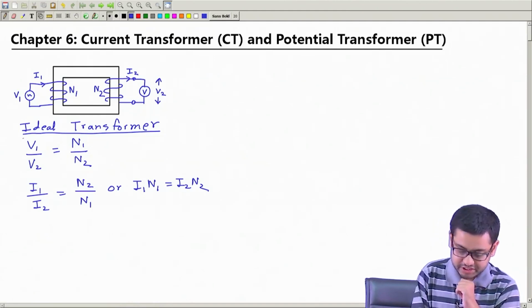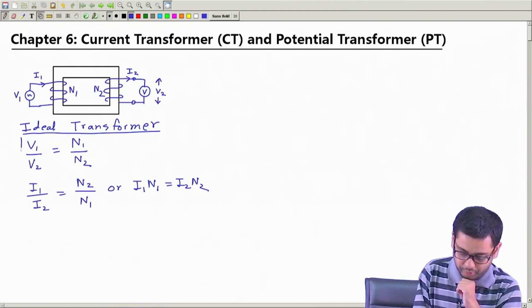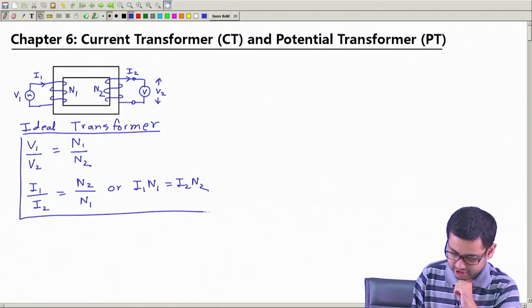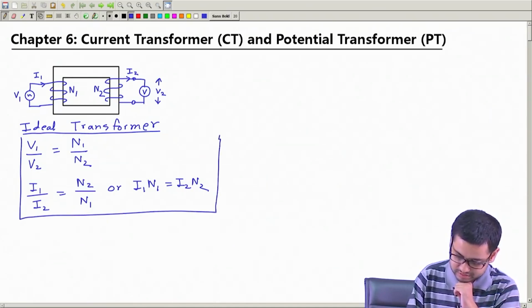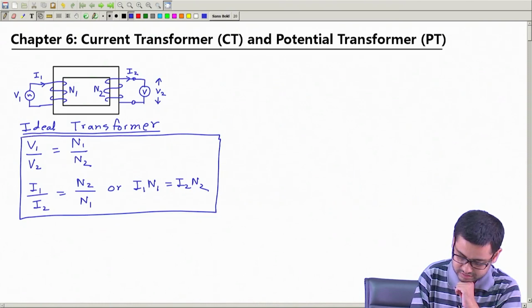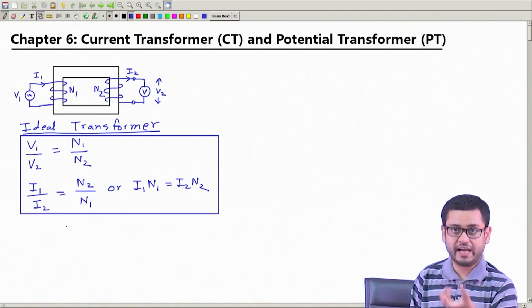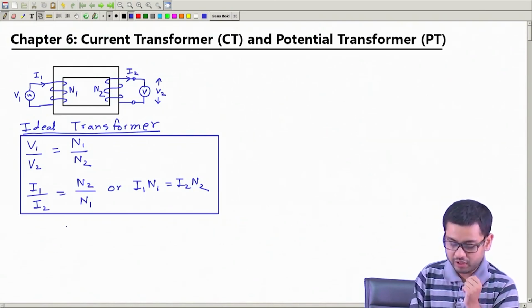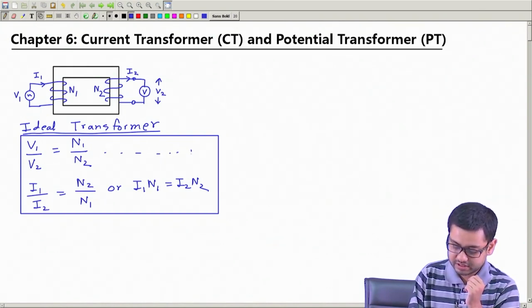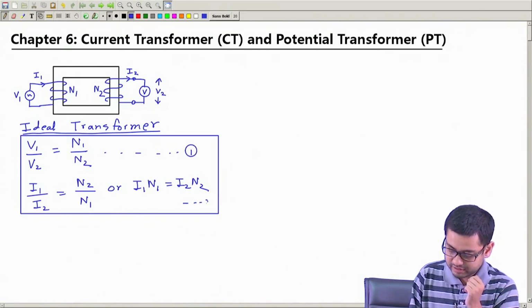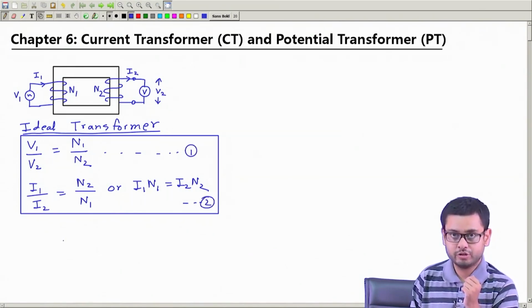So, this is the property of an ideal transformer. And we will call a transformer or an instrument an ideal transformer only if these two relations are satisfied, perfectly true.